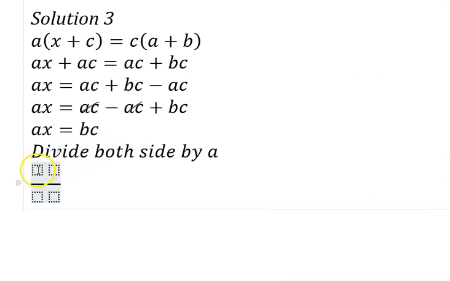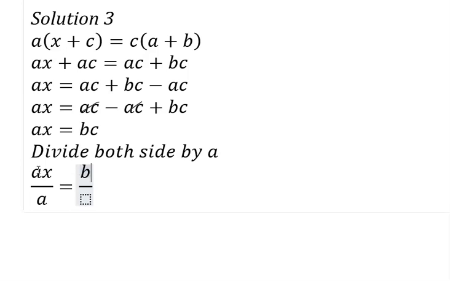Great. Now, on this side, we have our AX. We want to divide both sides by A. We have our equality sign, and here we have our BC. And we are dividing both sides by what? By A. Awesome. So with this, we can now say that we cancel out our A. That's our aim for our X to stand alone.